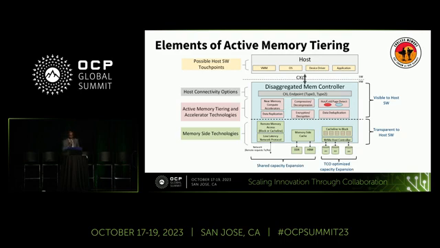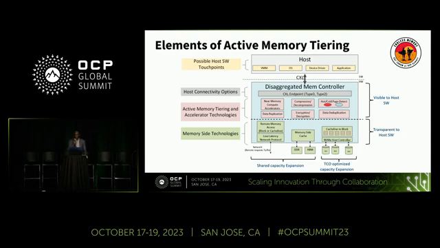You could also use DDR and HBM itself as a cache for SSDs, or you could build an SRAM-based cache in front of this in order to hide some of that latency. And the same is true for the remote connectivity as well. So the key here is that the memory side implementation is completely transparent to the host.